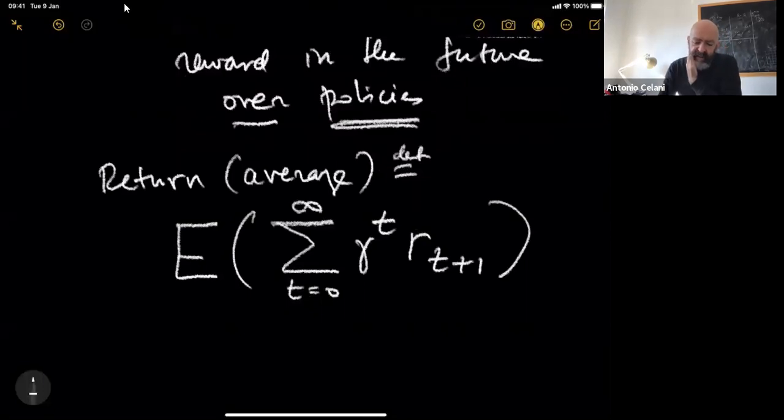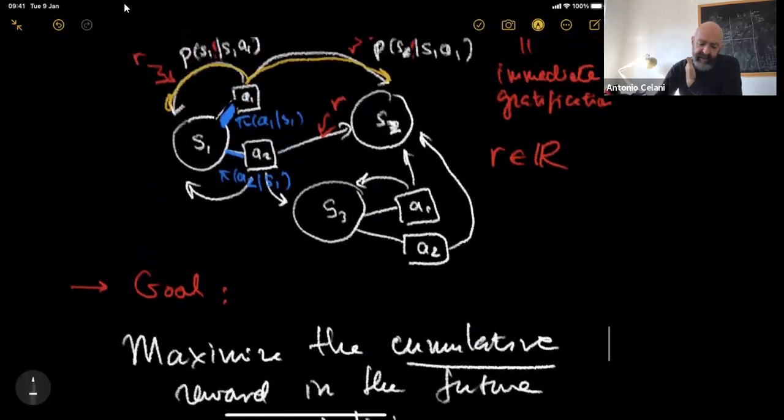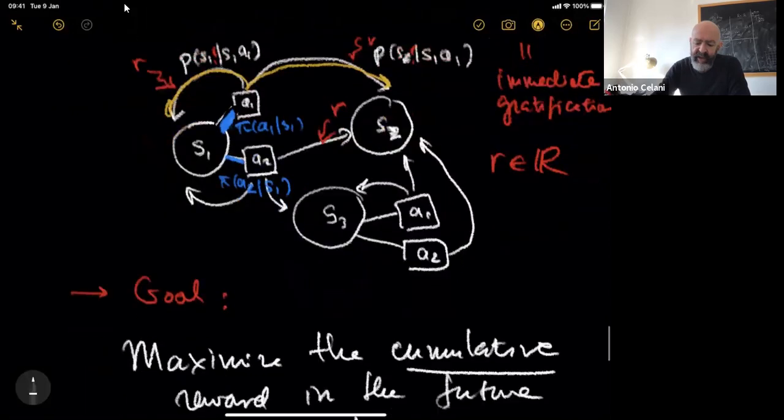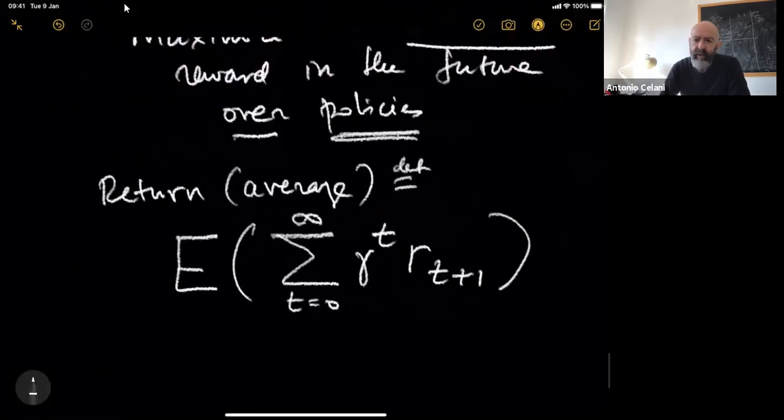So remember what is happening here in this process. Every time that you take an action according to a given policy, a given strategy, distribution of actions, you collect a reward. And then you repeat that again, and then maybe you take the same action or you take another one and you collect a different reward. And you move around in this state space by picking actions and collecting rewards. This object here is the sum of all possible rewards.